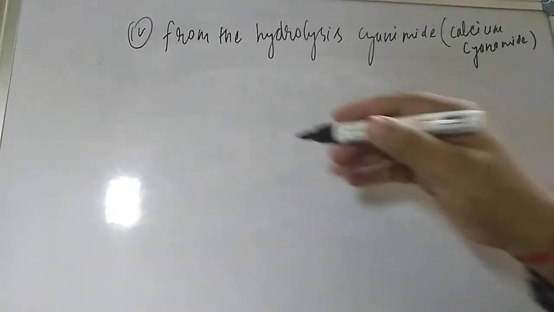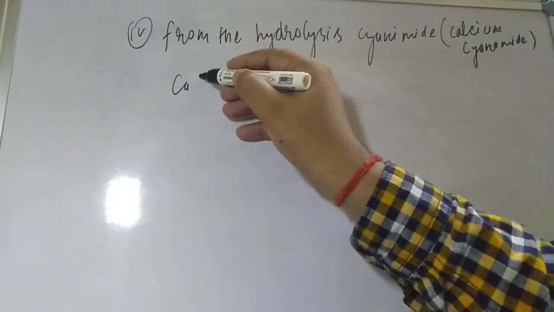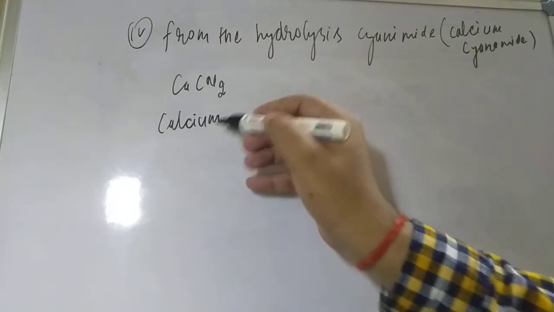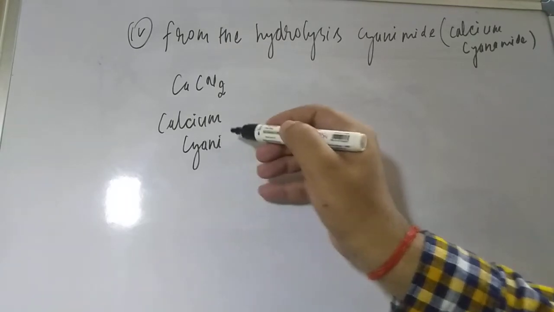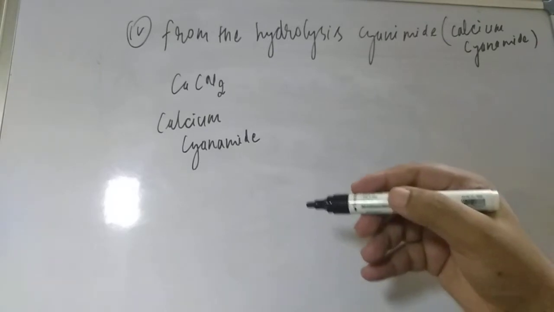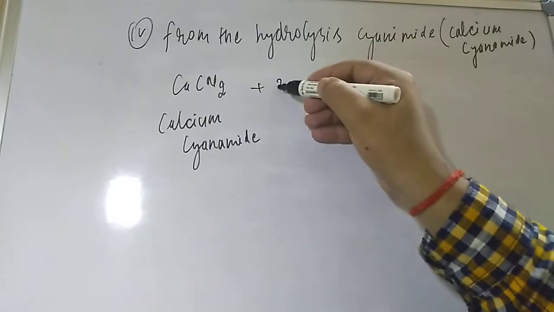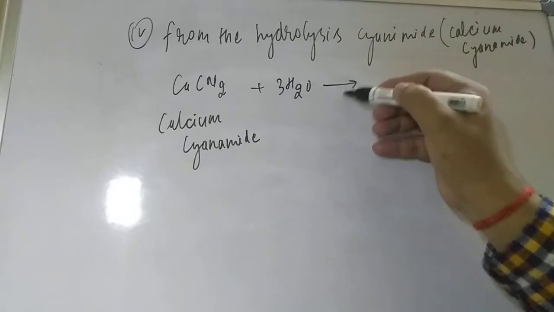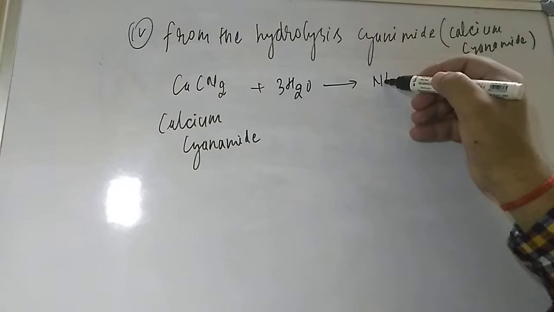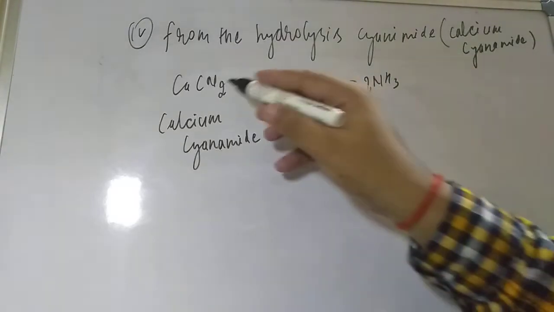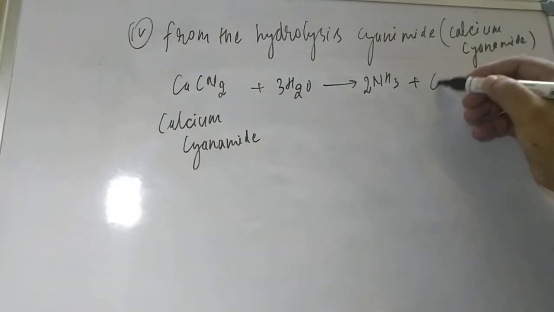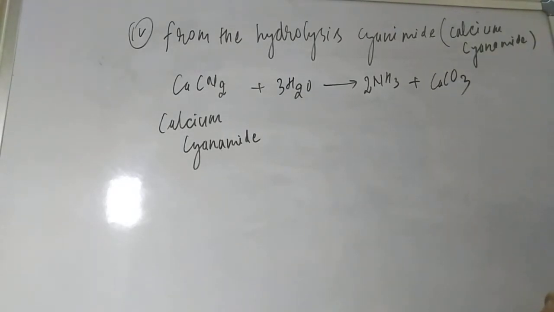This one is CaCN2, the calcium cyanamide. If you hydrolyze this calcium cyanamide, it will give ammonia. Let us see the equation. Here there are 2 nitrogens, so it gives 2 molecules of ammonia, and with oxygen it gives calcium carbonate.